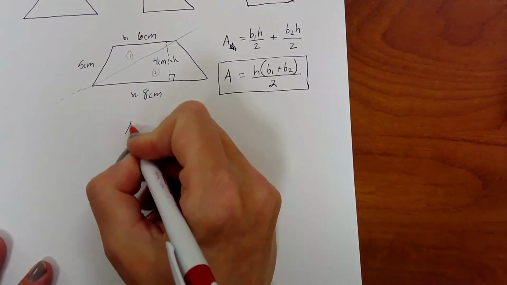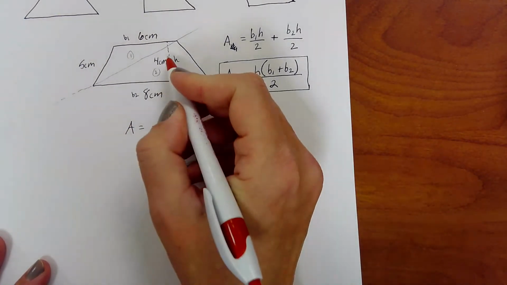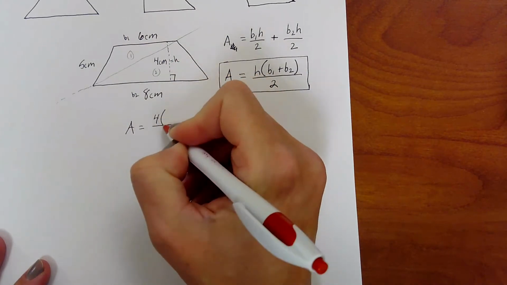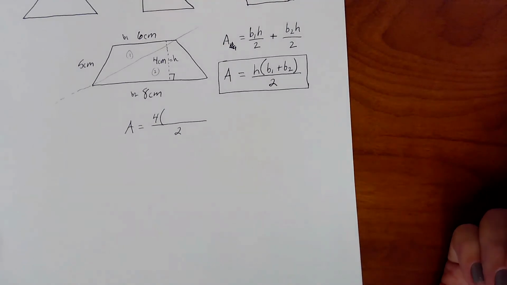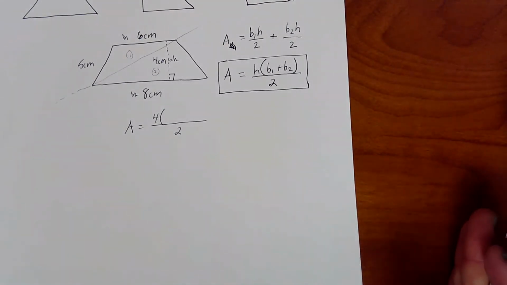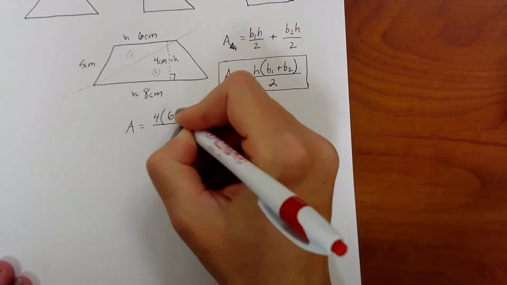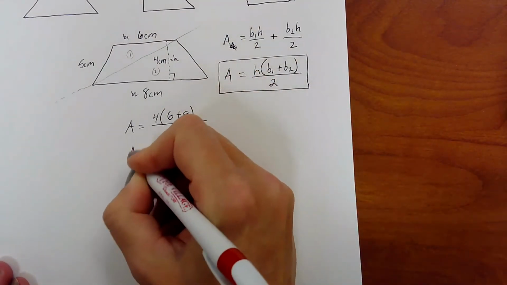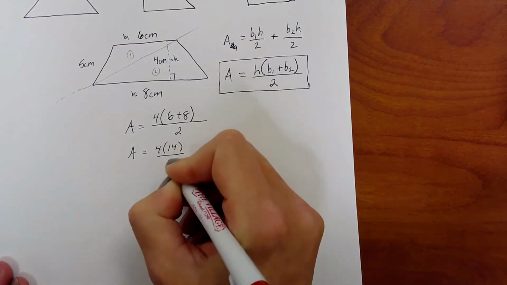So let's use that formula and fill in some numbers here. So what's the height of this shape? 4. And does it matter which one is base 1 and which one is base 2? No. Just make sure the bases are on the parallel sides. So 6 and 8, you pick which order. So that's 4 times 14 over 2.